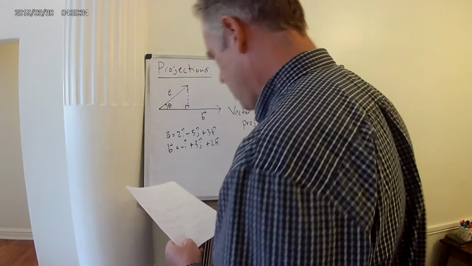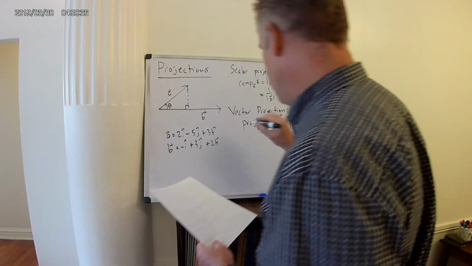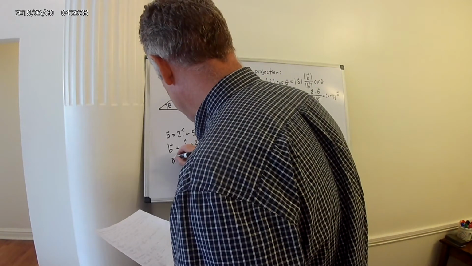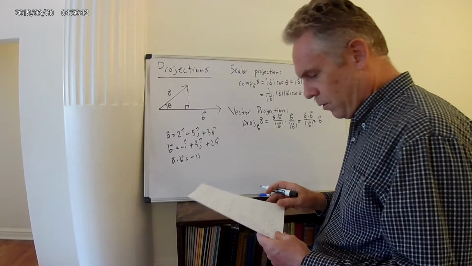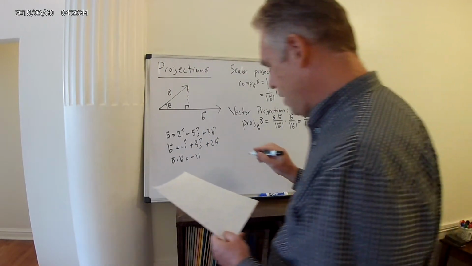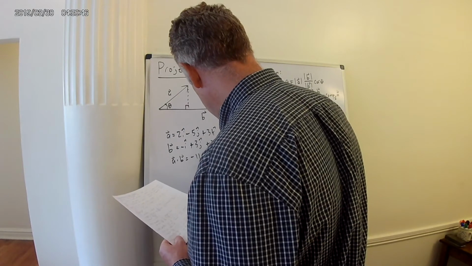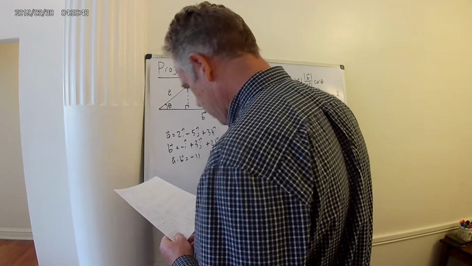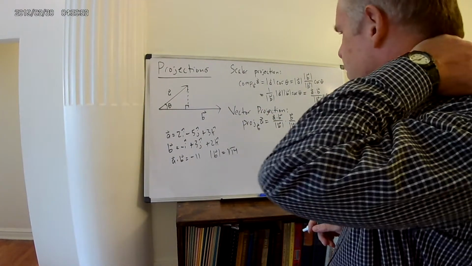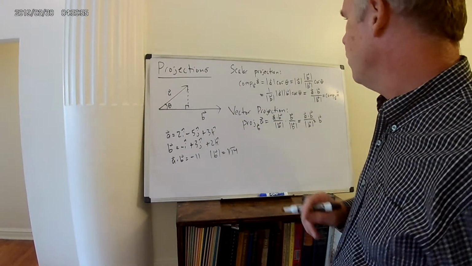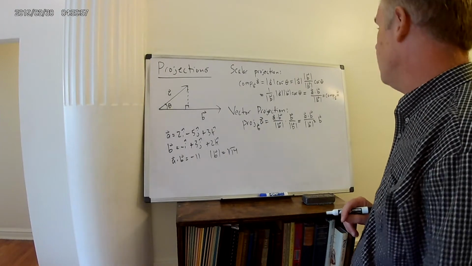We found the dot product of these two vectors is minus 11. And then we also found the magnitude of B to be square root of 14. So now for these two given vectors from our previous example problems, let's find the scalar and vector projections of vector A onto B.